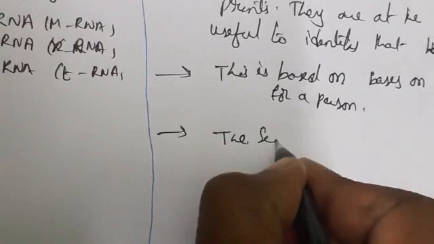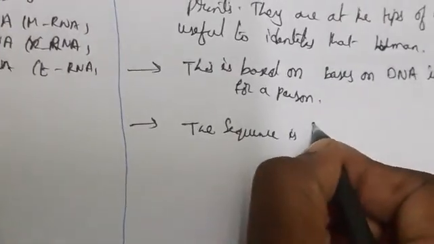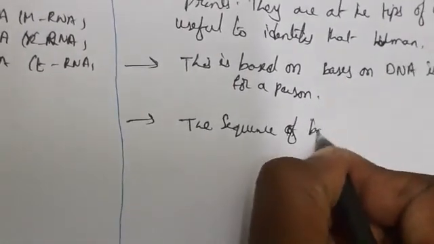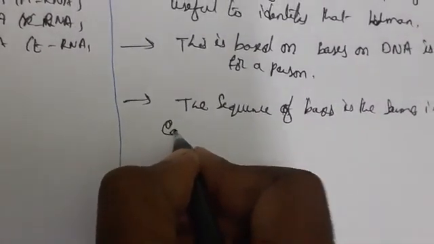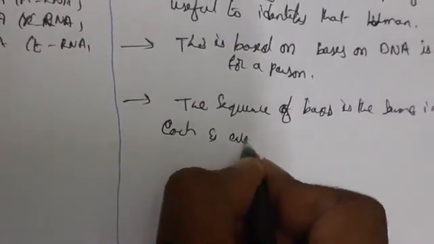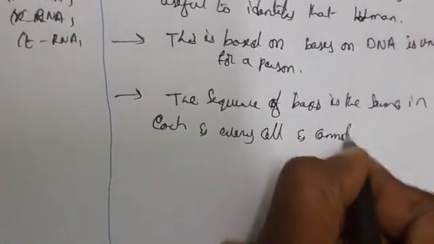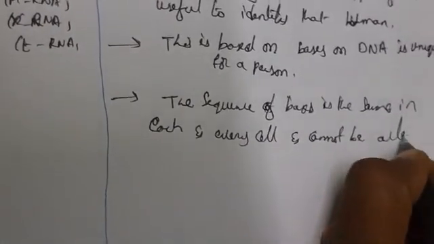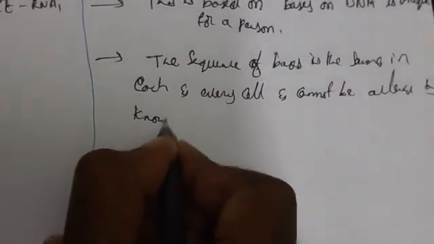The sequence of bases is the same in each and every cell, and cannot be altered by known means.